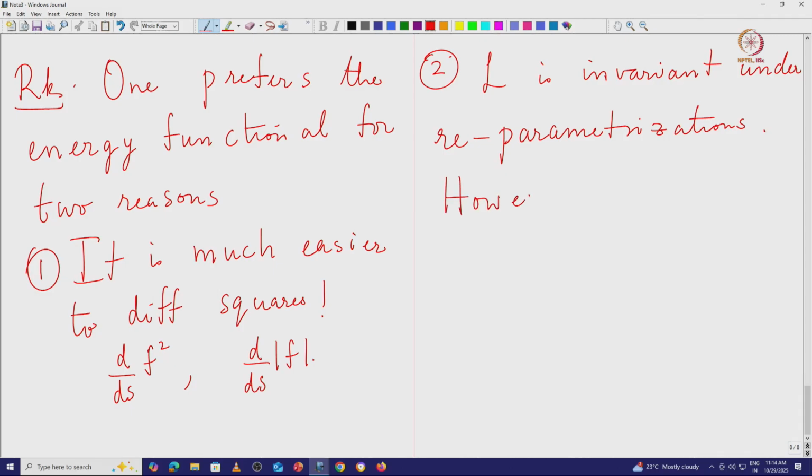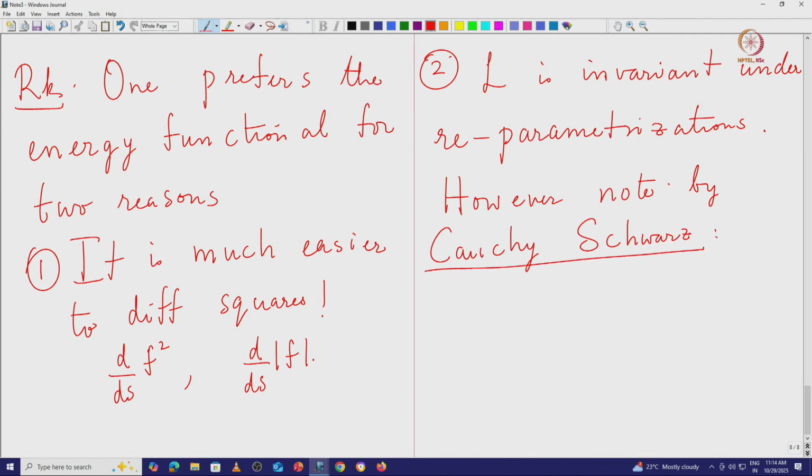However, note the following: by the Cauchy-Schwarz inequality, and I will leave this as an exercise for you to figure out, we actually get this relation.